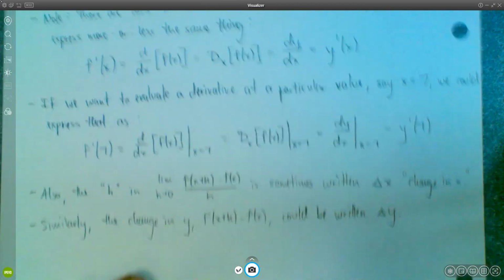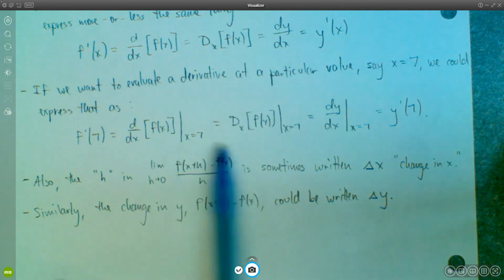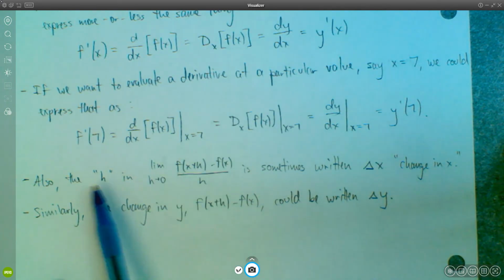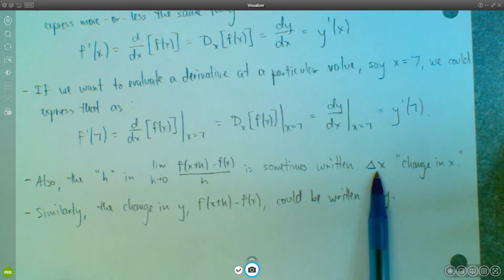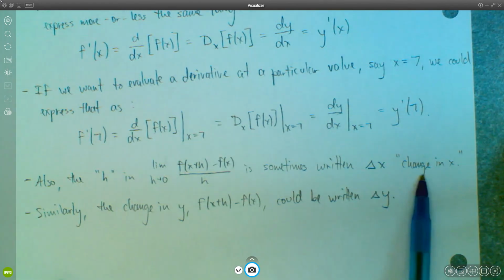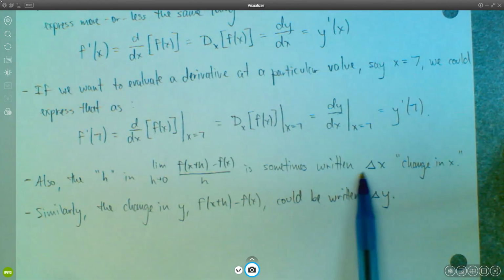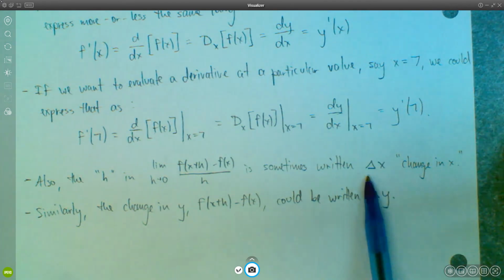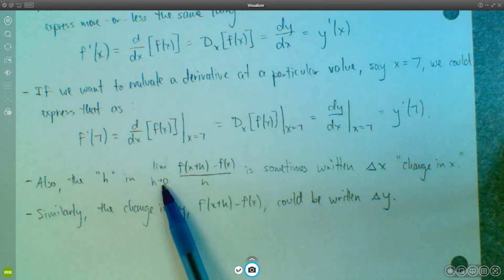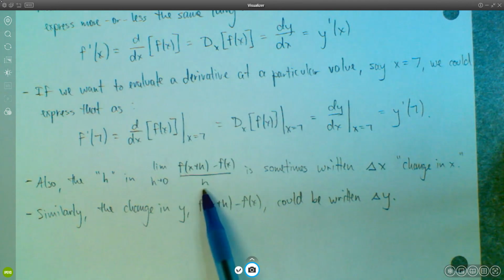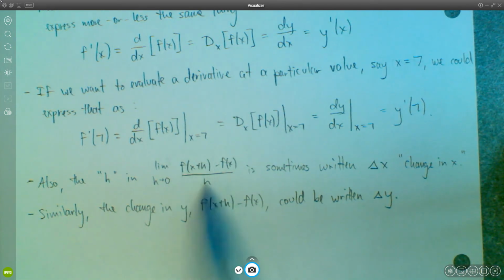Another thing that you might see is that when you're dealing with this difference quotient here, the h is sometimes written as a delta x. I'm not exactly sure why we use delta to mean change, but we usually think of this symbol, delta x, as the change in x. So instead of limit as h approaches 0, you might have limit as delta x approaches 0, right? And a delta x instead of the h is here as well.